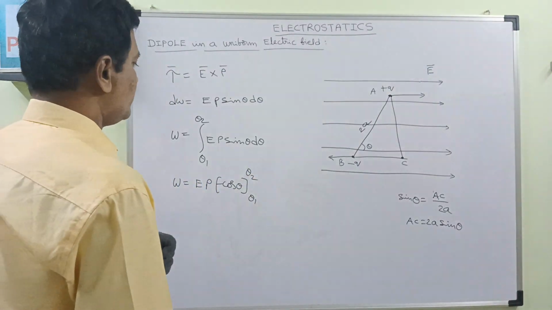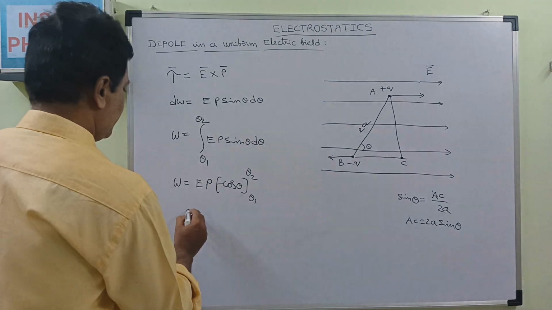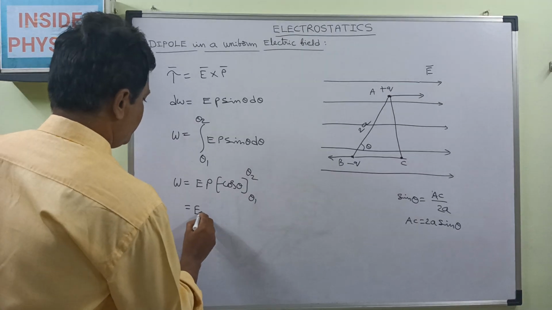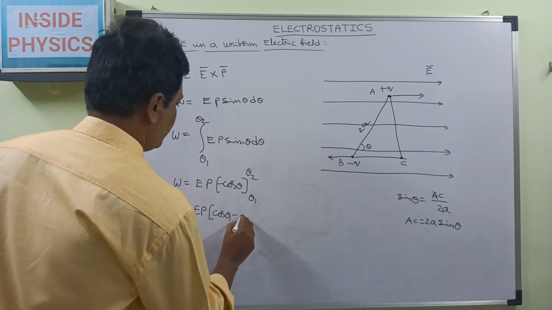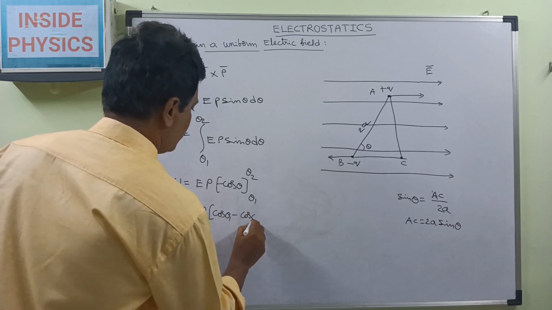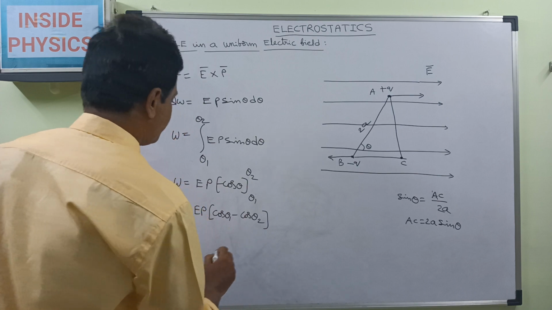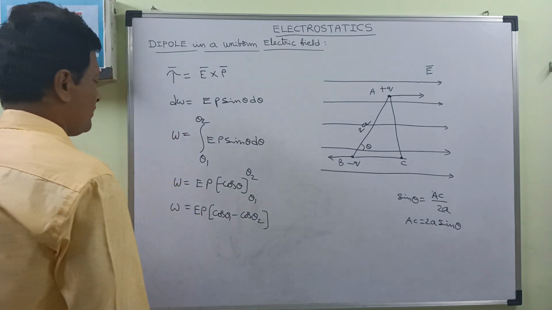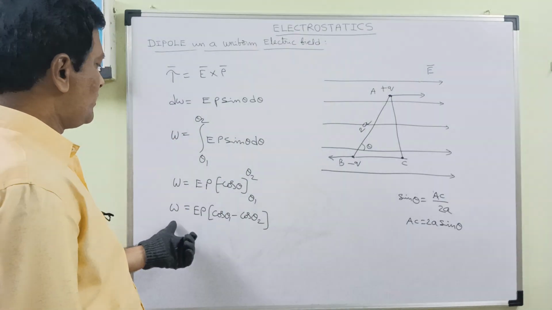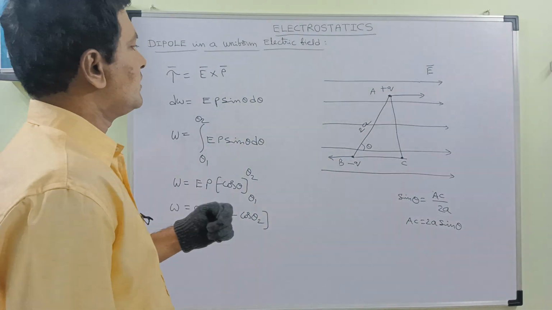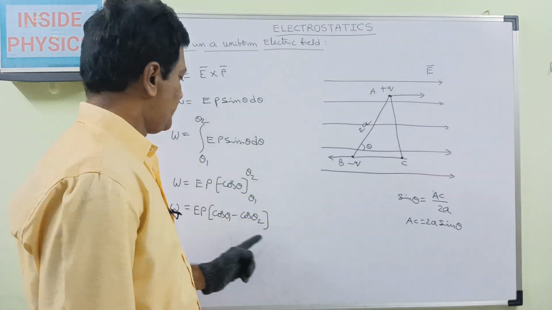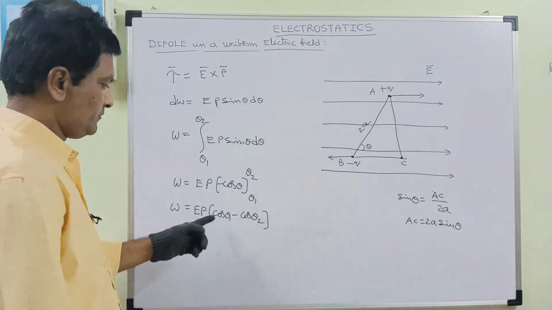Okay, this can be written as EP into cos theta 1 minus cos theta 2. Okay, this is the total work done against this force in rotating the dipole from theta 1 to theta 2.